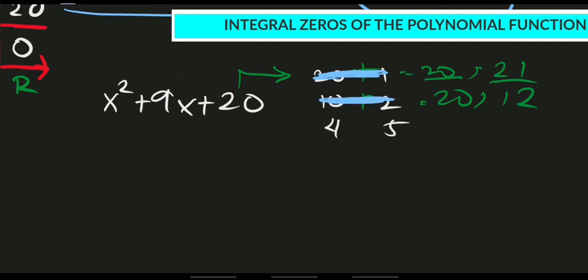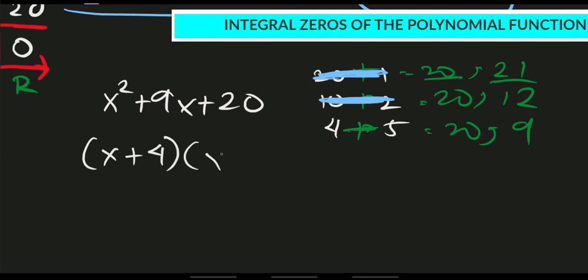Next, let's try to multiply 4 times 5, that is 20. Okay, and 4 plus 5 is equal to 9. So that means, since we have this value which is suitable to our given problem, the factors for this given problem are x plus 4 and x plus 5.